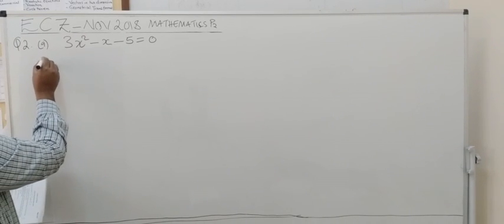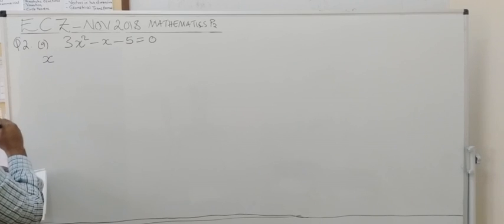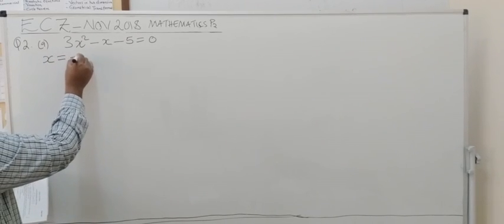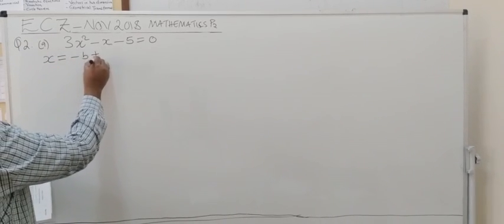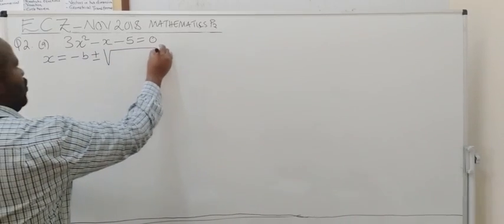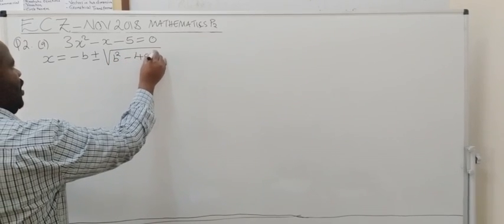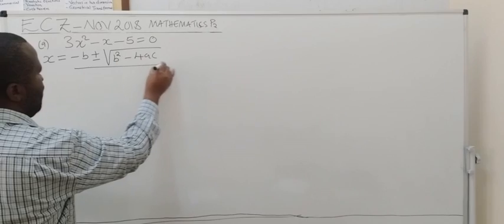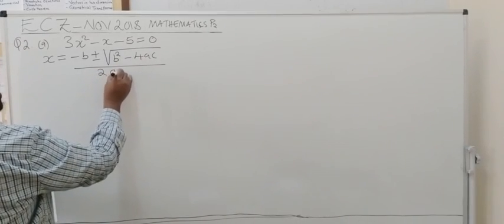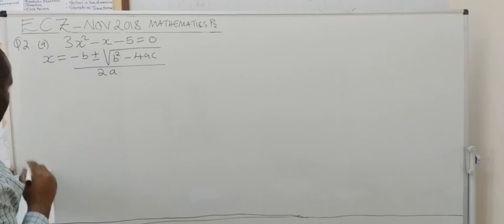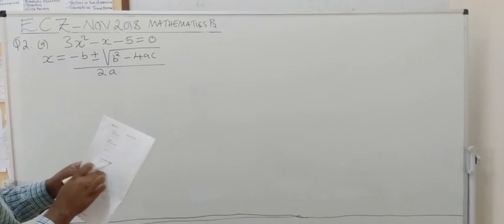So we apply the formula, which is x is equal to negative b plus or minus the square root of b squared minus 4ac. Then we divide everything by 2 times a. Now, this formula is always given here on the first page.